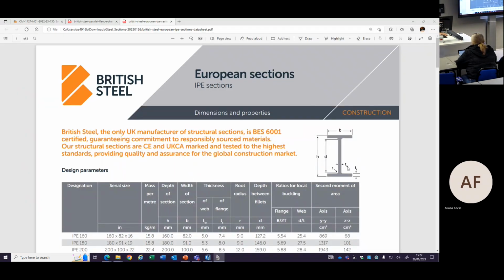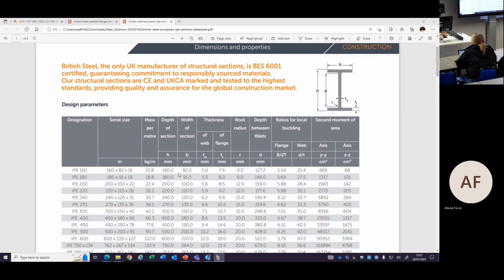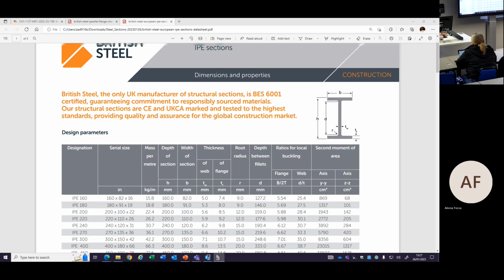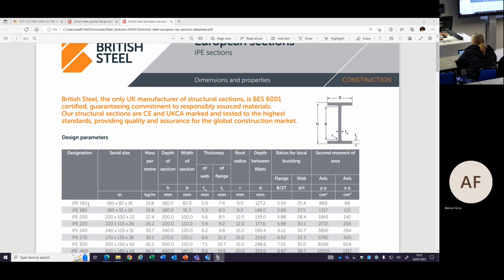So TW is the thickness of the web. TF is the thickness of the flange. So everything is defined separately for flange and web. And you can see the table here. For example, IPE 160.